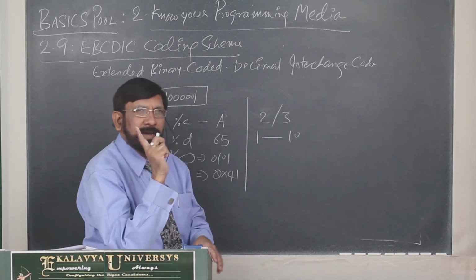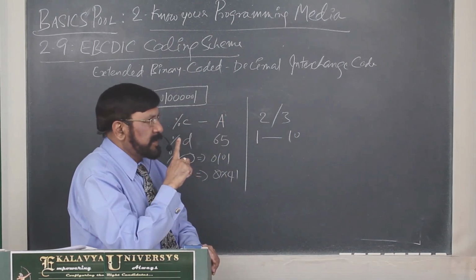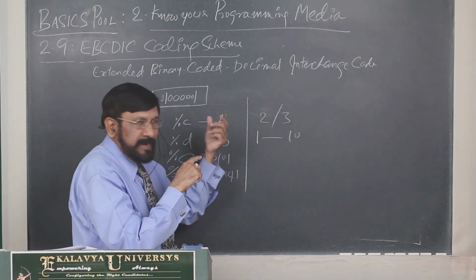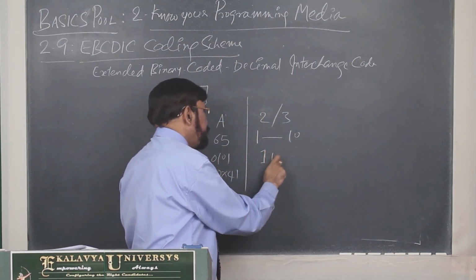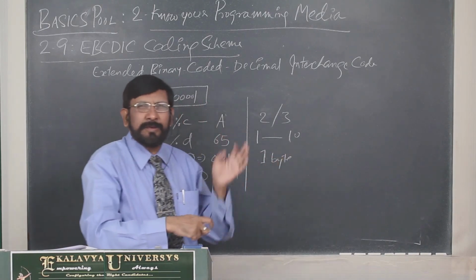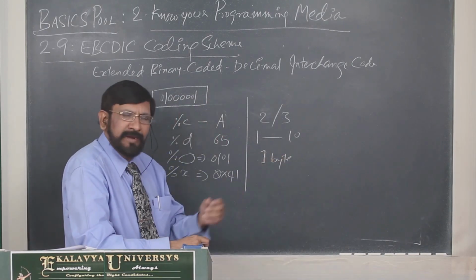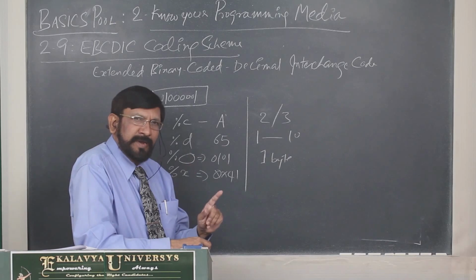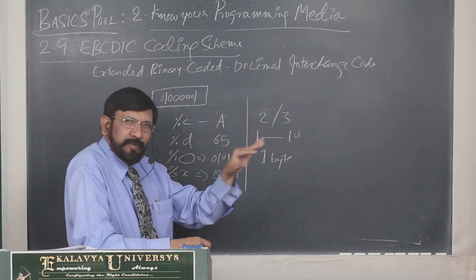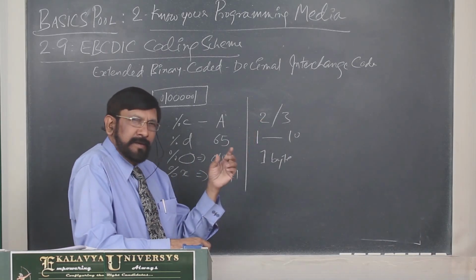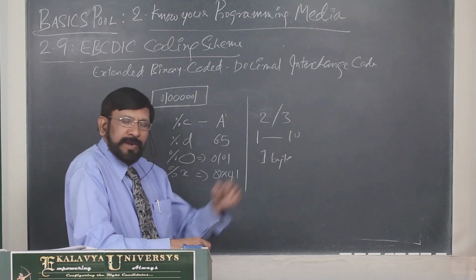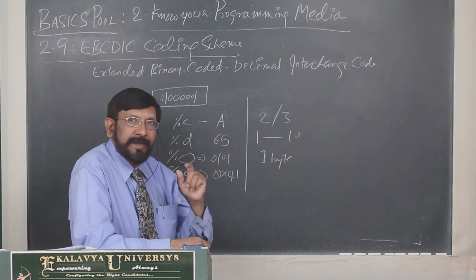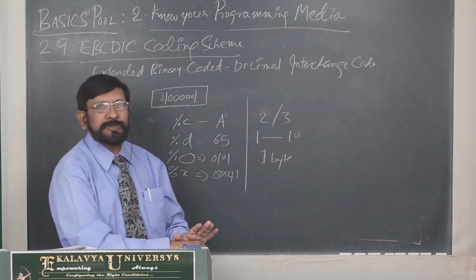But in ASCII, EBCDIC and the like, they take 1 byte maximum. That's why for every character 1 byte is enough. So as a thumb rule, remember that one character takes 1 byte, an instruction may take 2 or 3 bytes, and any value takes 1 to 10 bytes depending on its data type. You should have this basic information.